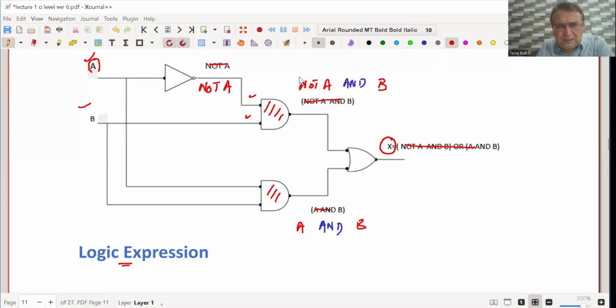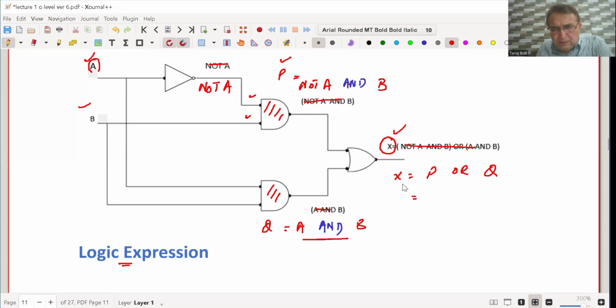And finally, you may call these as, let's say, P, and this as Q, for instance, if you like. And then the output of this OR gate, which is labeled as X, has two inputs coming to this OR gate. One is this, for instance, P, and the second one is this, which is Q. So X is just P or Q. Replace P with this sub-expression and Q with this sub-expression.